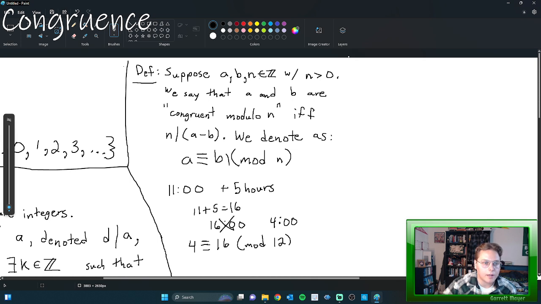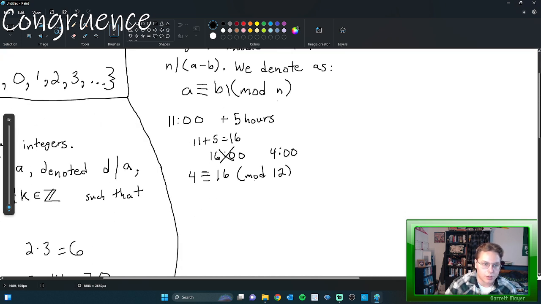The number line works like a circle in this context, where we have 12, 1, 2, 3, 4, 5, 6, 7, 8, 9, 10, 11. And once we get to 12, we just start over back at 1. So we're adding 1 each time, and then we get to 12, and instead of going to 13, we loop back over and go back to 1, because 13 is congruent to 1 mod 12.